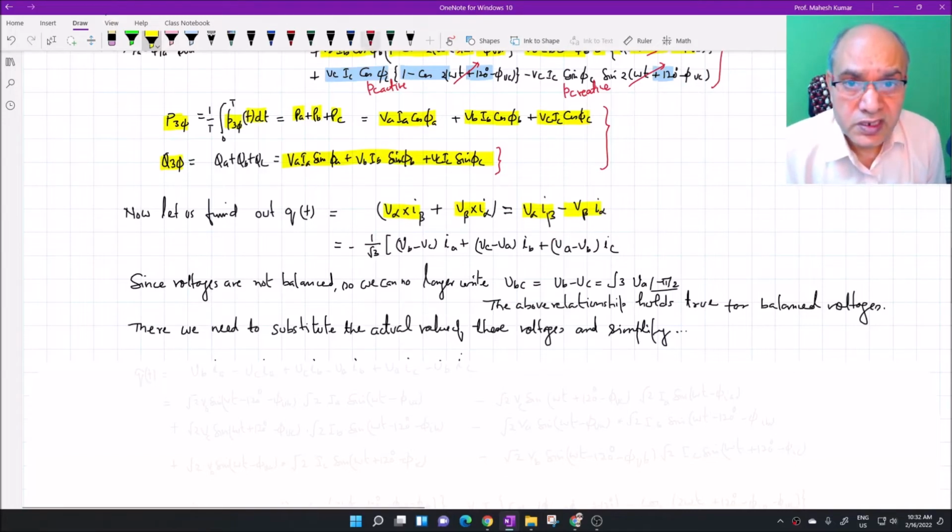And this we simplified earlier in terms of ABC quantities. This becomes minus 1 by root 3 in brackets (V_B minus V_C) I_A plus (V_C minus V_A) I_B plus (V_A minus V_B) I_C, which becomes V_BC line-to-line voltage, V_CA, and V_AB.